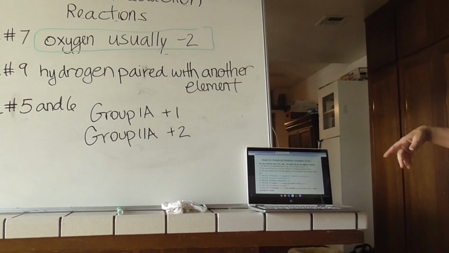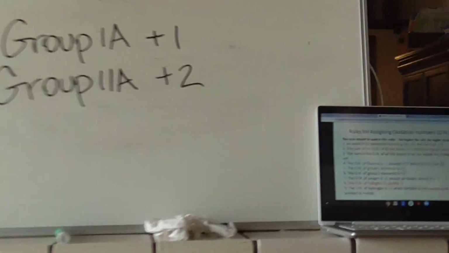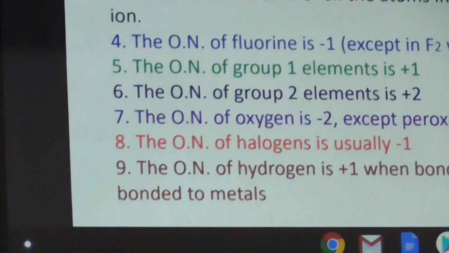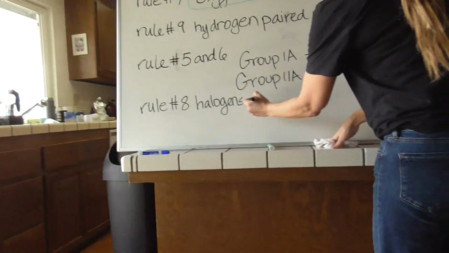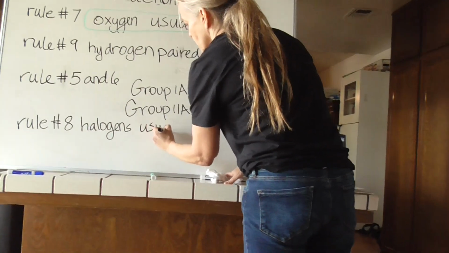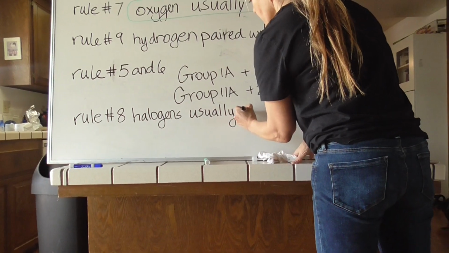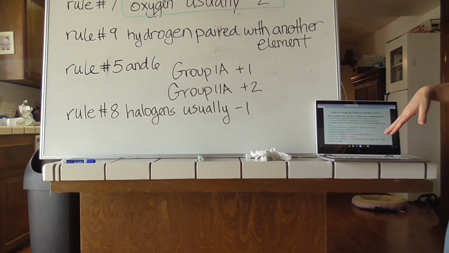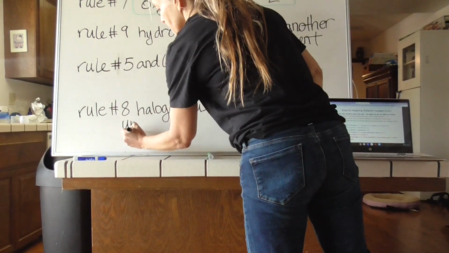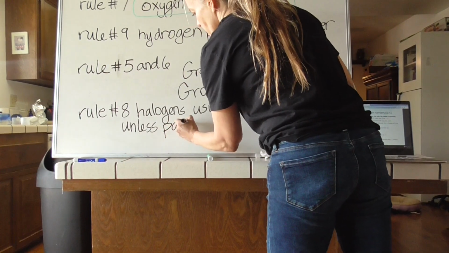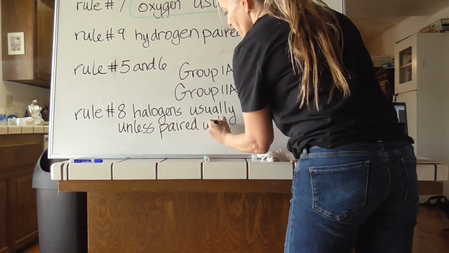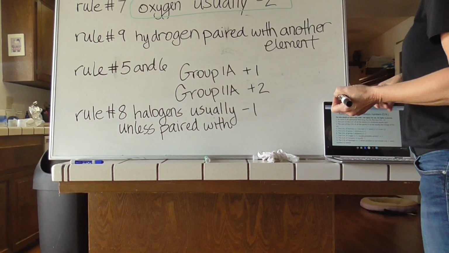And then the halogens, so rule 8. So usually -1, which is what we're used to with charges, unless it's paired with a more electronegative atom.